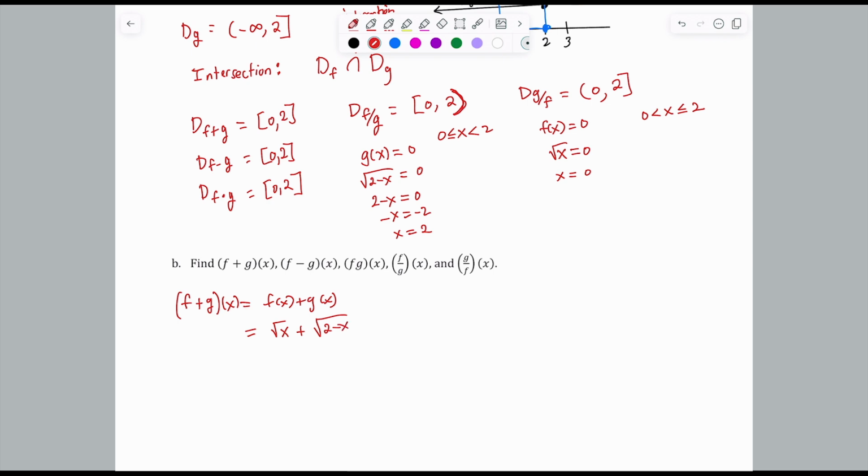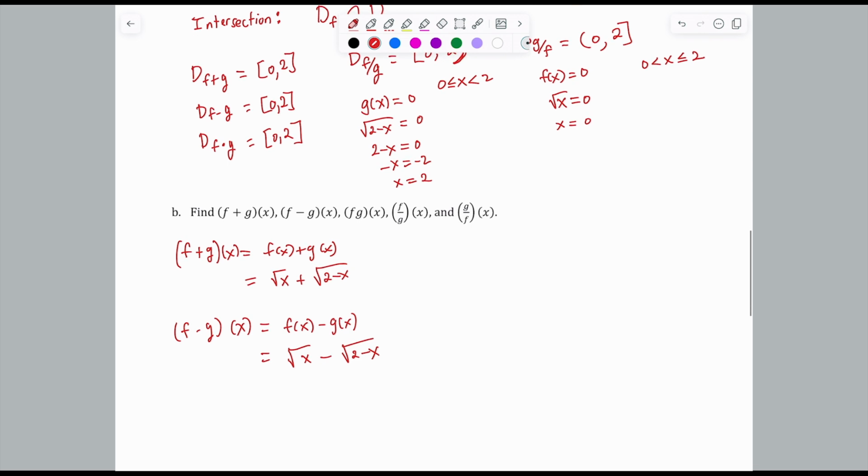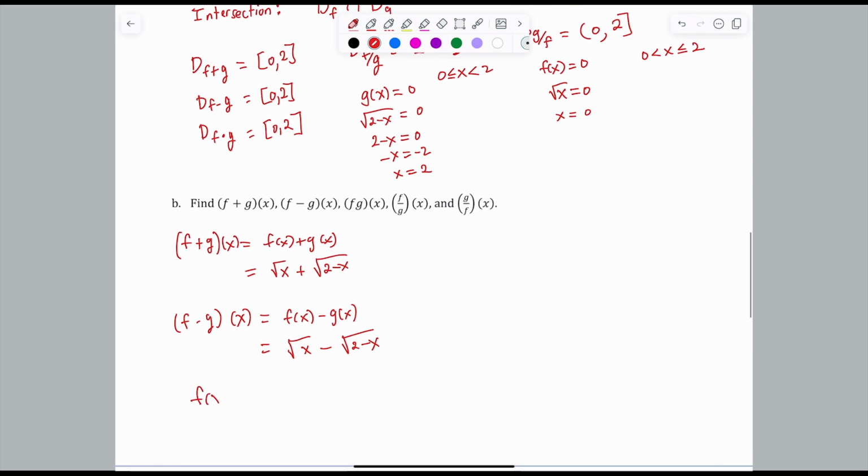That's what it is. And then let's see, what's f minus g of x? Well, that's just going to be f of x minus g of x. So very similar to what we just got, except it's the square root of x minus the square root of 2 minus x. Okay. All right, and then we got f times g of x.